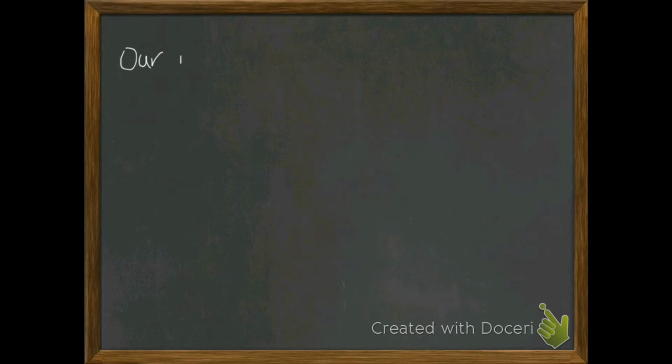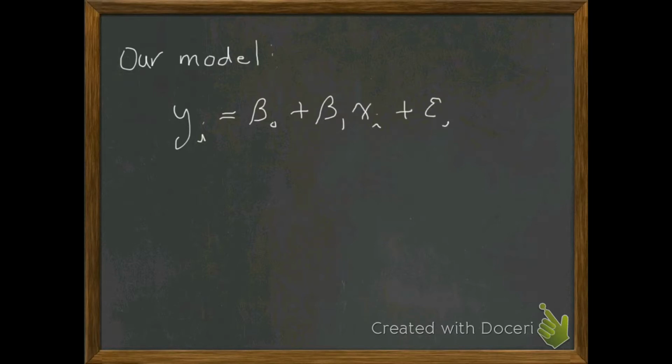Our model is, as we know very well now, plus our error term. And guys, hope by now we know the beta 0 and beta 1 are parameters.